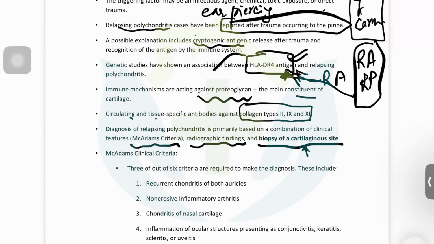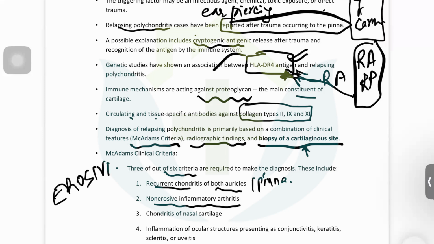So three things. One is clinical criteria. What are those? We need 3 out of these 6 criteria. One is there has to be a proven recurrent chondritis of both auricles, that is pinna. There should be non-erosive inflammatory arthritis. What type of arthritis is there in rheumatoid arthritis? Erosive or non-erosive? Erosive. All right.